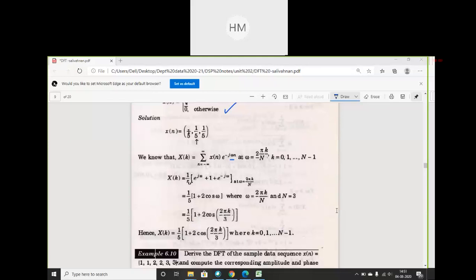So what is the first sample value? Who will tell the answer? Yes, what is the value of x of 0? It is 2 by 5.